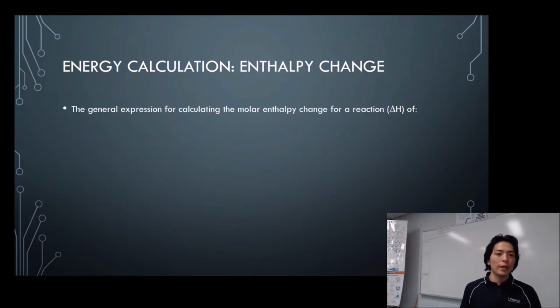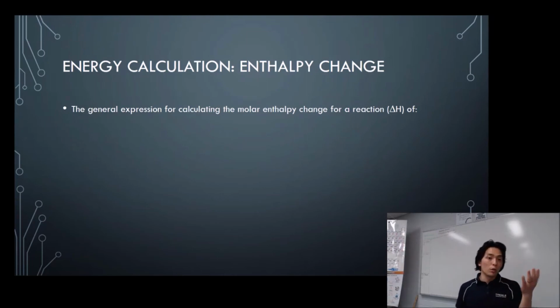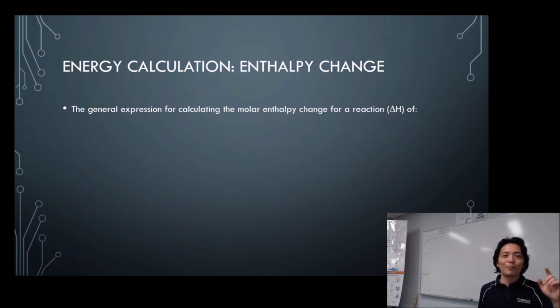Moving on to enthalpy change. Now remember, when you are dissolving, say, sodium chloride into water, it would have decreased its temperature. Now, if you're working with heat, but you are more interested in how many joules would be released or absorbed, delta H would tell you the molar enthalpy change.